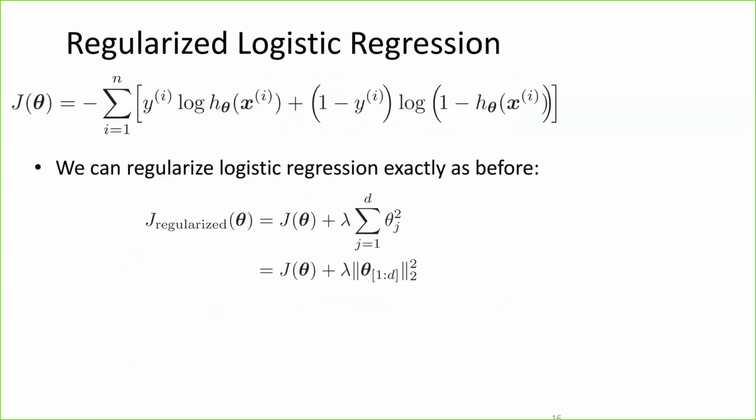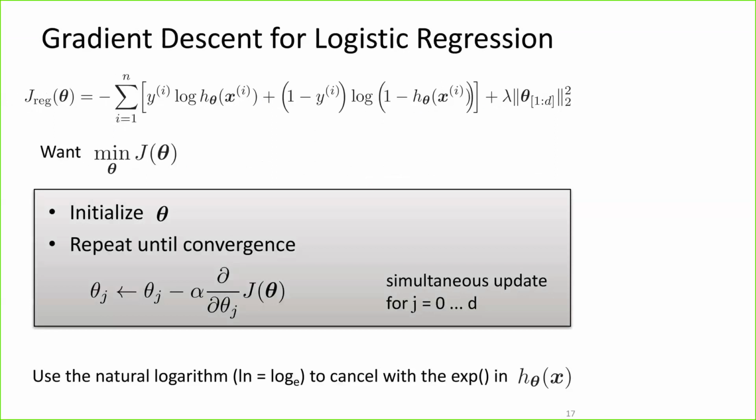Similar to linear regression, here also you can add a regularization term, similar to the way we added it in polynomial regression or linear regression models. The gradient descent algorithm is also the same as in the linear regression model. Initialize theta values, update them: theta j equals theta j minus alpha times the derivative of J with respect to theta j.